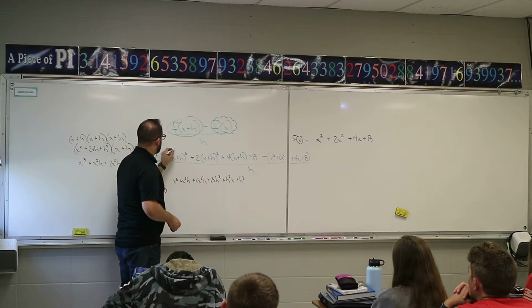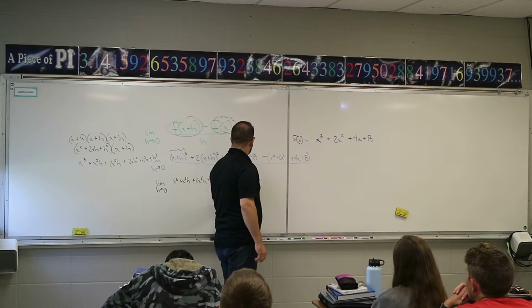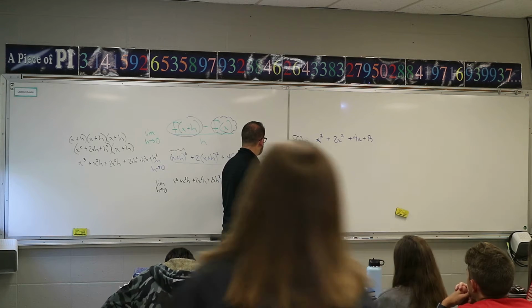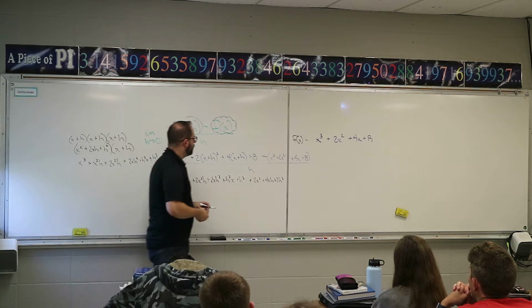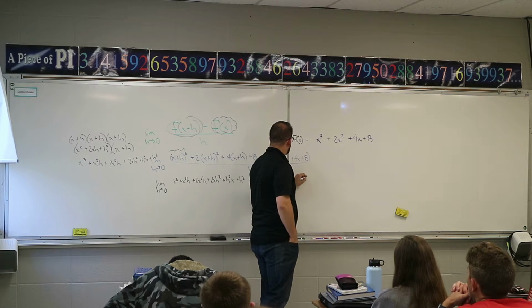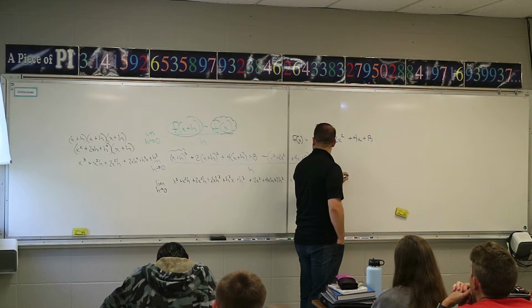So again, that's this part that I just did here. The next part is 2x squared plus 4xh plus 2h squared. That is foiling this out, distributing the 2 over it in my head. 4x plus 4h plus 8. And now subtracting all the original stuff.